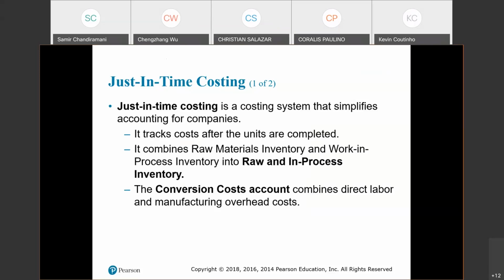As you can remember, the conversion cost account means direct labor plus manufacturing overheads. And in JIT costing, this account, conversion cost, is a temporary account that works just like the manufacturing overhead account.